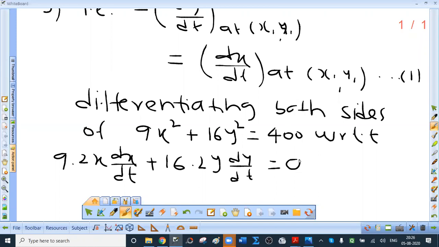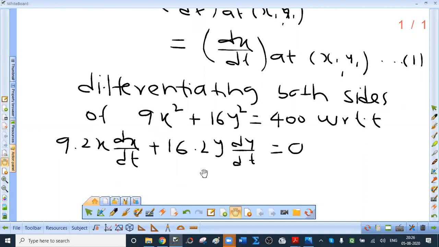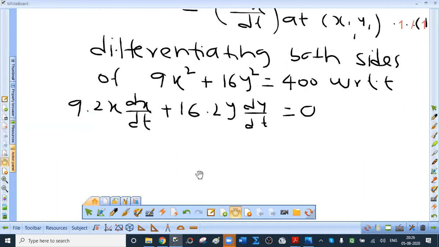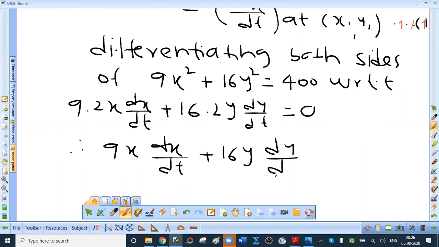It being a constant, its derivative is nothing but 0. Now can we simplify this? We can cancel only 2. Okay, and therefore I can say 9x dx/dt plus 16y dy/dt is nothing but 0.